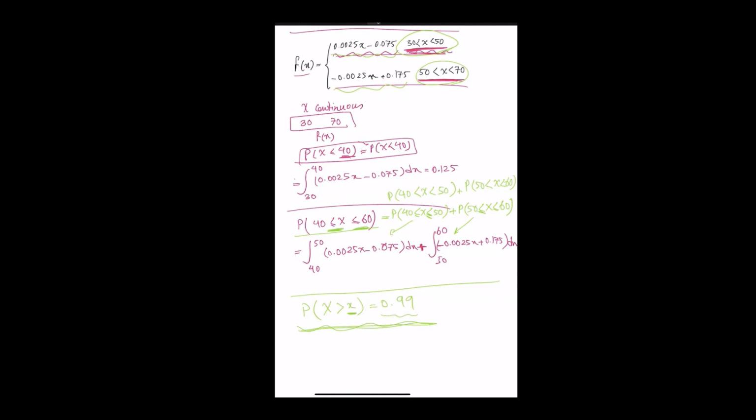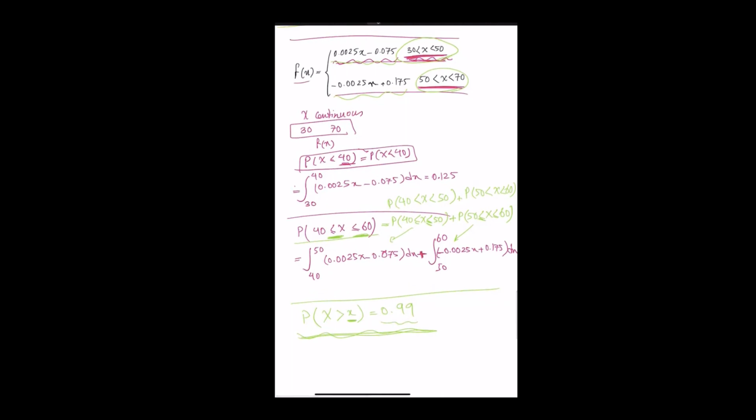Since it's 99%, it's probably somewhere in the lower range, because anything greater than that is 99%, which is pretty much all the probability from the lower bound to the upper bound.